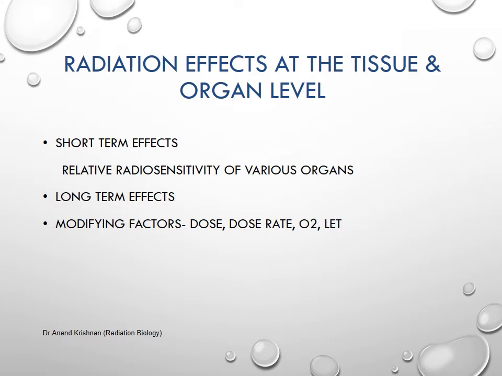Mitotic activity: cells that divide frequently or undergo many divisions over time are more sensitive to radiation. Cell differentiation: cells that are immature and not highly specialized are more sensitive to radiation. And then there is cell metabolism: cells that have higher metabolism are more sensitive to radiation.